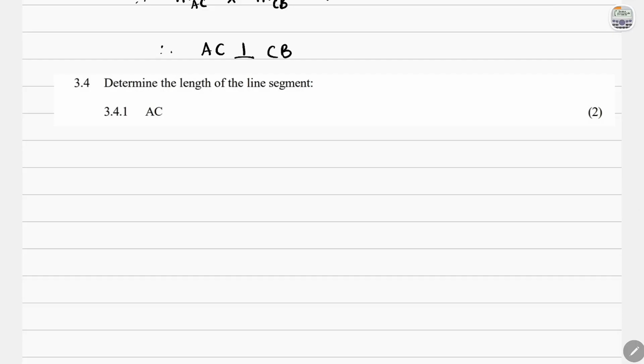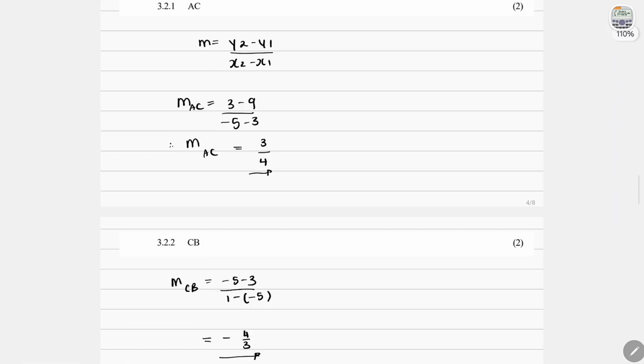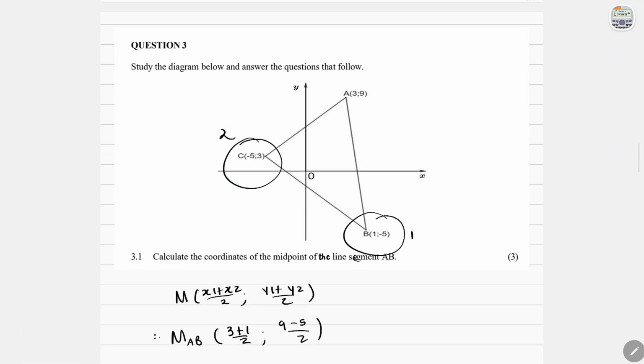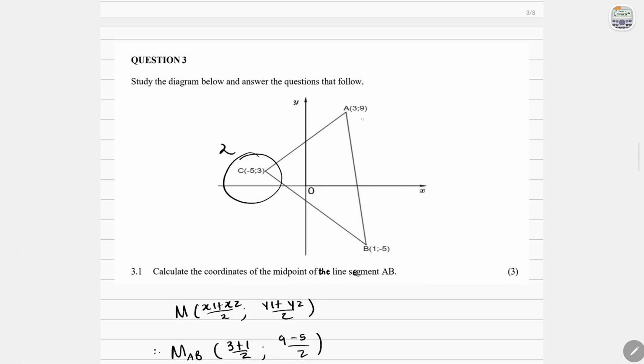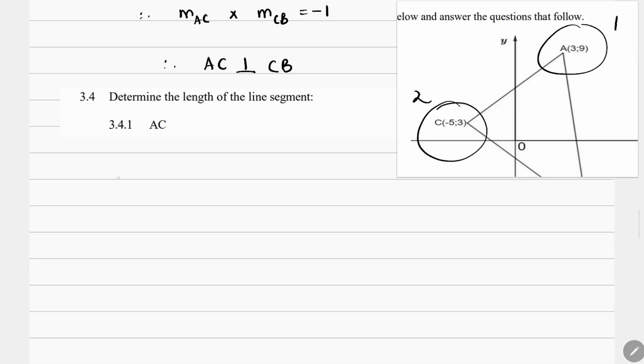The next question, 3.4, says determine the length of the line segment AC. So find the length of the line AC. We can just call that A and C. I'll take that as point 1. And we're just going to find the length of that line. To find the distance of a line, we simply say the square root of x2 minus x1 all squared.